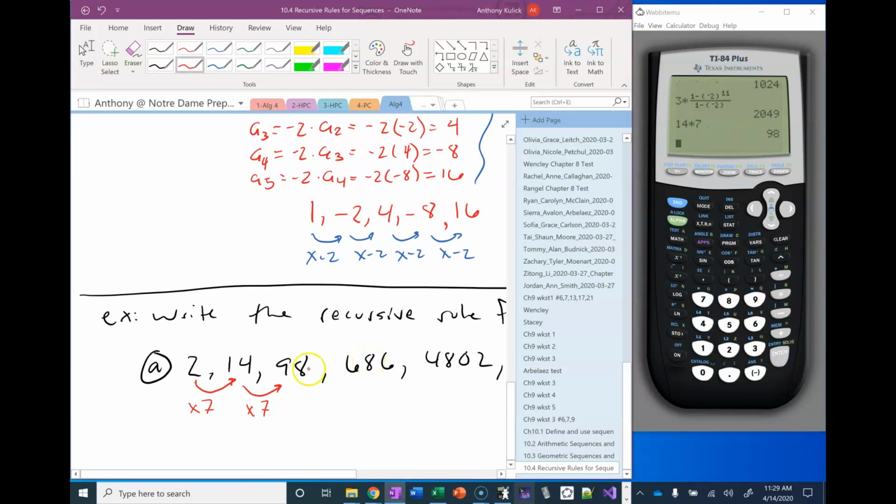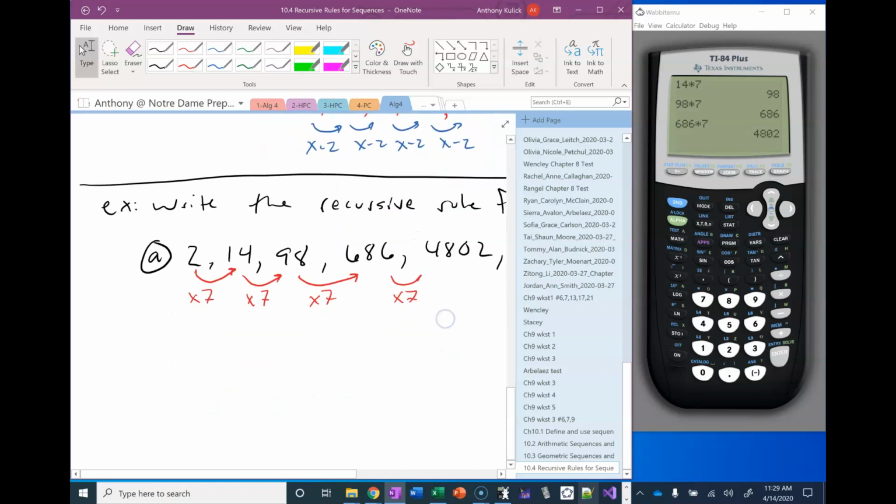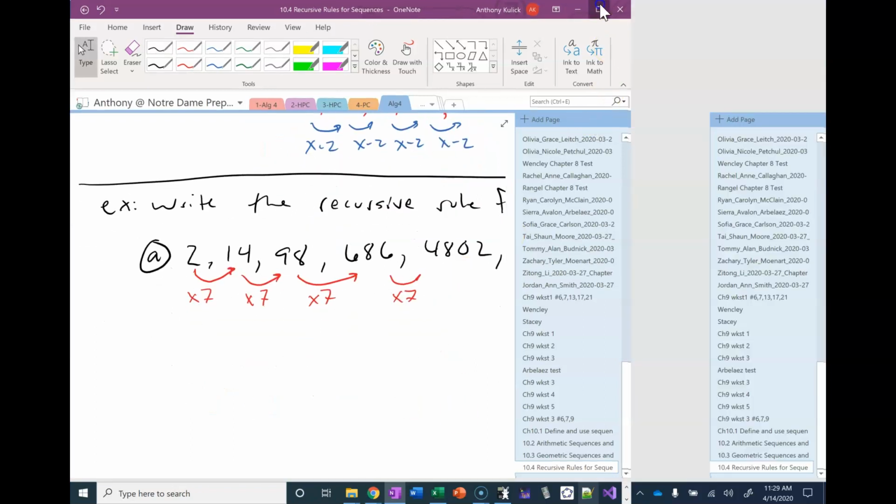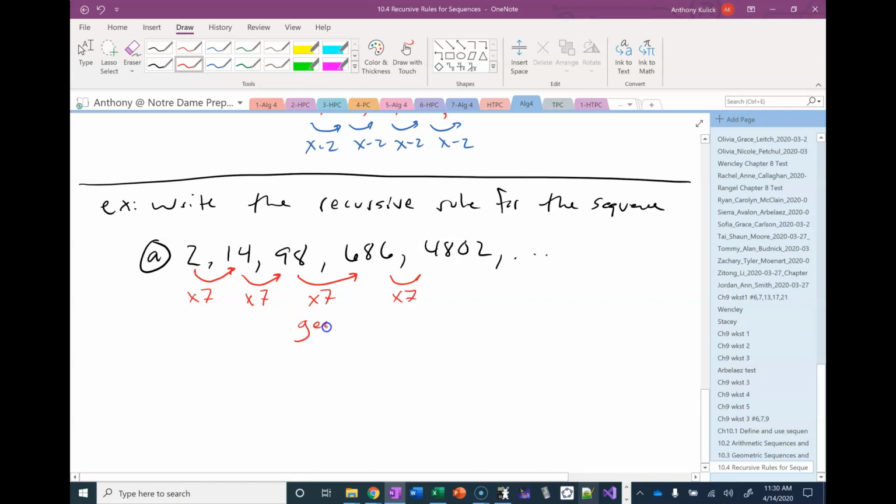Then we wonder, is 98 times 7 also 686? Sure is. And we still have to check, is 686 times 7 4802? I bet it is. Shocking. It's almost like somebody designed this to work out. So we're convinced at this point this is geometric, and the r is 7.